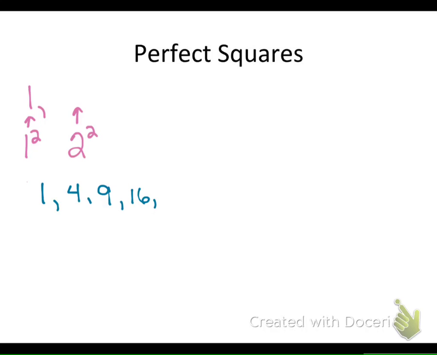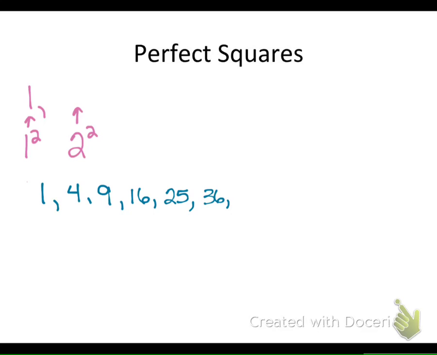David, what's 5 squared going to be? 25. Good. After 5 squared, I go to 6 squared. What's 6 squared going to be, Jaden? What's 6 times 6? 36.